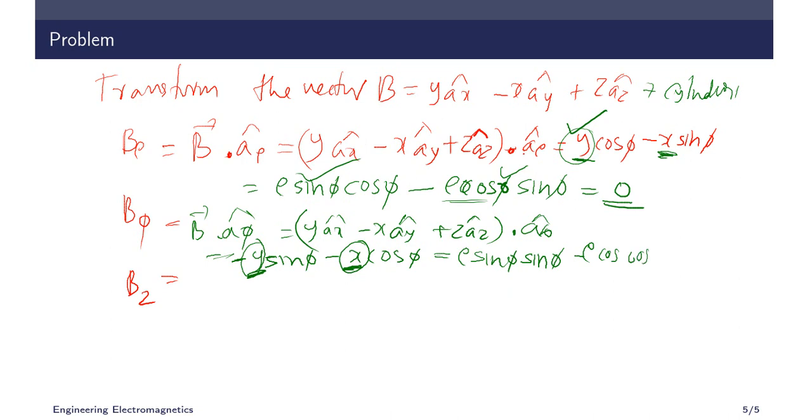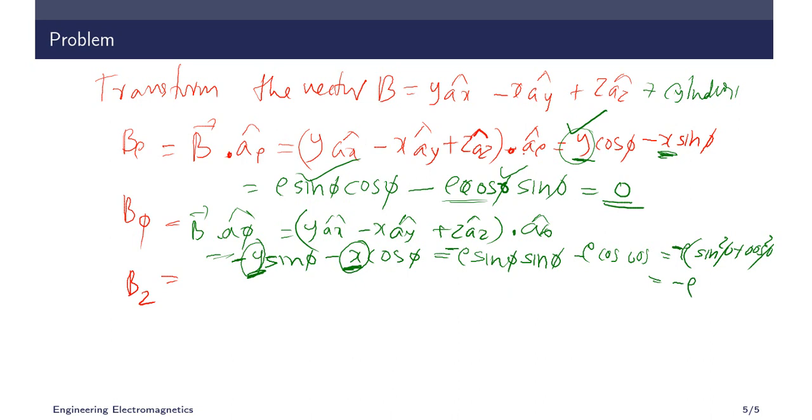So what you will get is minus rho, taking it common from both, so what is left is sin square phi plus cos square phi. Sin square phi plus cos square phi is 1, so you will get minus rho.